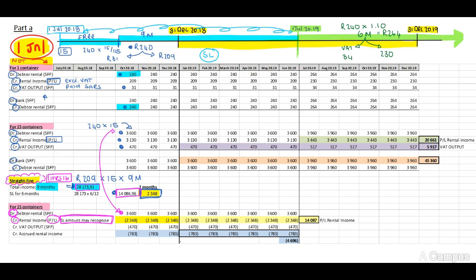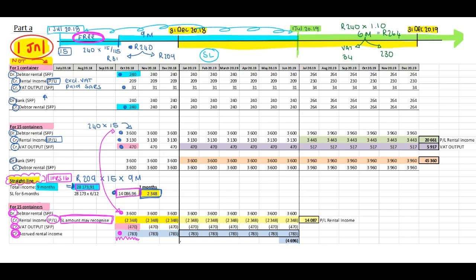We need to credit our VAT output, also exactly the same as per the above. Guys, look at this, 470, 470. Okay, so don't get confused with the brackets, guys. We credit, okay. Then we have a balancing figure, which is the accrued rental income of 783. Okay, now why does this happen for the first 12 months? Because they receive 3 months for free.